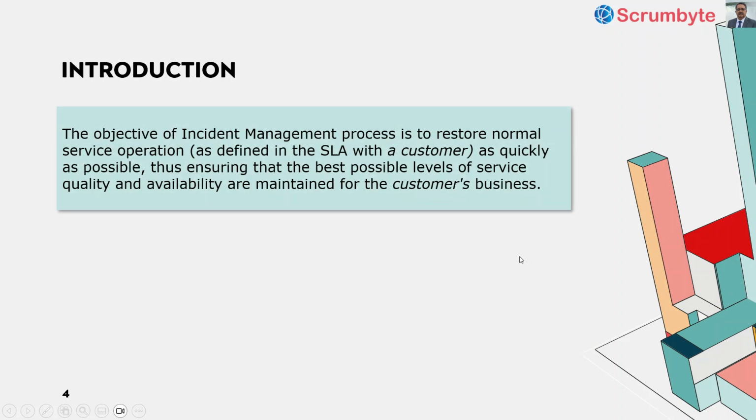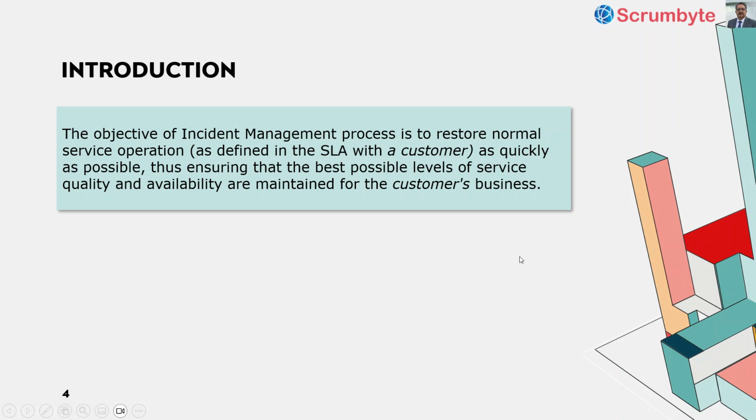As you can see, the most important thing in incident management is that we need to restore the service to the normal way it was. So if something goes wrong, we have to be able to get it back to a stage when it's working correctly.